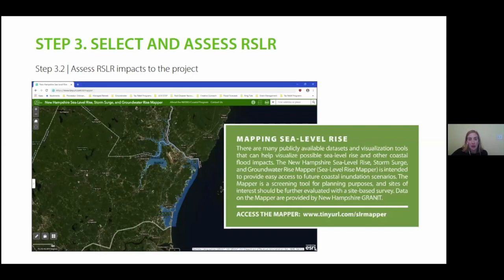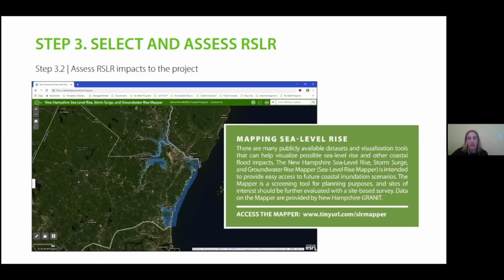It's a sea level rise mapper. You can see the URL in the green box on this slide. And the mapper has a number of sea level rise and other flood risk maps on it. For the hospital, we might go to the mapper and see what 8 feet and maybe what 2 feet of sea level rise look like at and around the hospital project site.